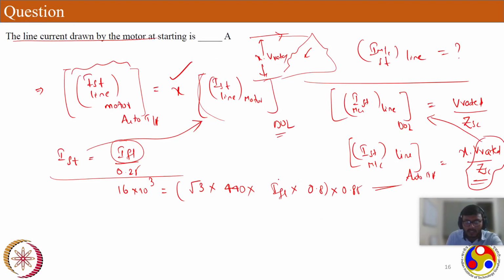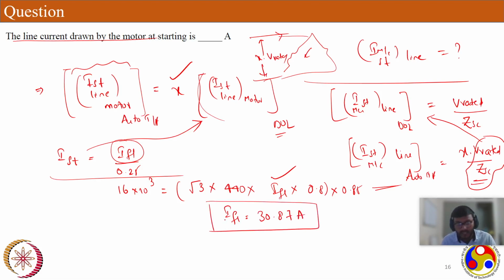So from this equation, please find the full load current. Let's find the full load current. 16 kilowatt divided by root 3, 440, 0.8 power factor, and 0.85 efficiency. How much? 30.87 amps. So this is the full load current we are getting.